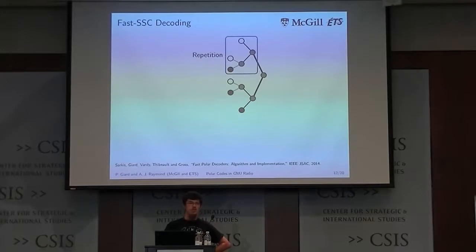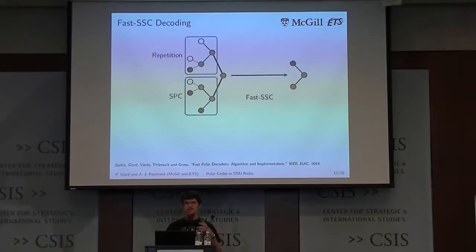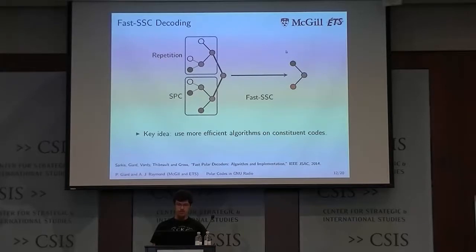We can use an algorithm dedicated to decoding a repetition node. And the bottom one is a single parity check code, where the single spot that was the frozen bit becomes a parity of the remainder of the bits. So we have more effective algorithms to decode those subparts, and then we end up with an even more trimmed decoder tree, effectively reducing the latency and increasing the throughput of our decoder.